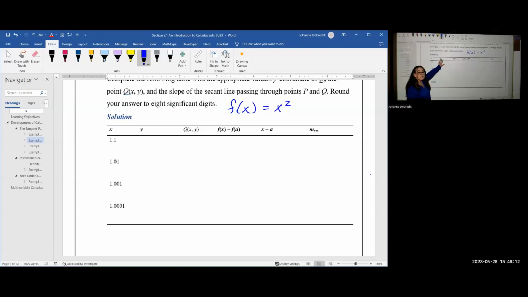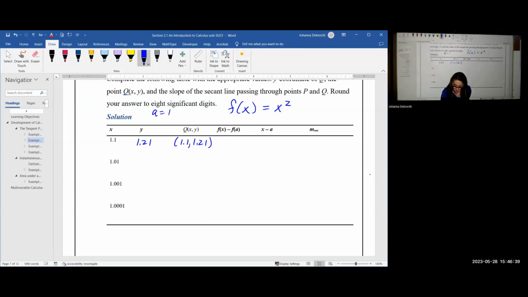Remember the y value, we'll work through one row together. The y value is basically taking the 1.1 and squaring it. So this becomes 1.21. And this, of course, is the ordered pair (1.1, 1.21). And then I want to take the difference between the function value and the value at a. a again was 1.